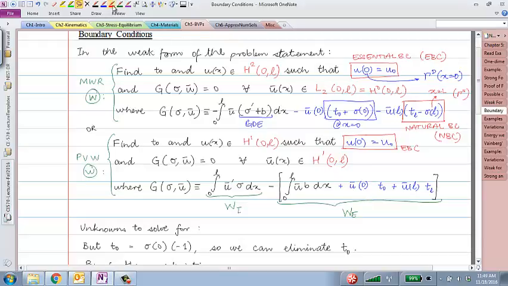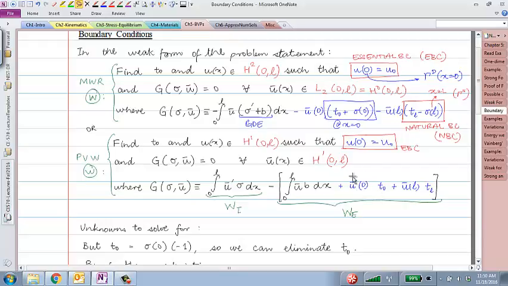We did not have such a restriction on u bar. We just said that u bar has to be square integrable in this form, or u bar has to be first derivative square integrable in this form. But we did not say anything else about u bar, and if we choose that, then we have to solve this full functional.